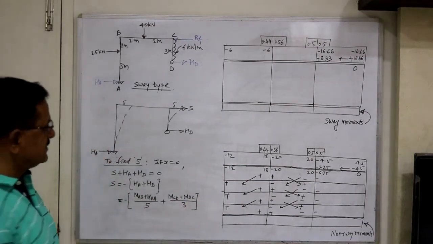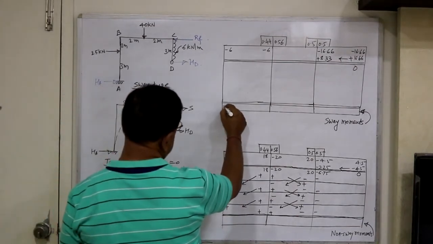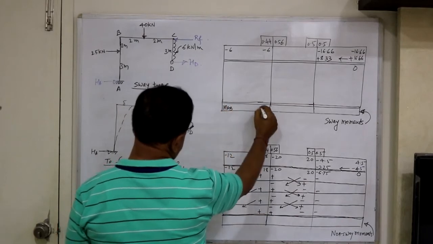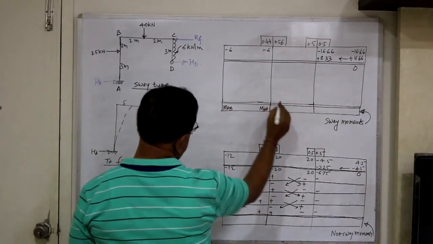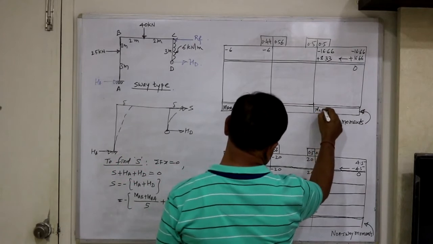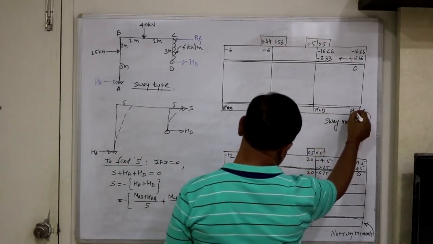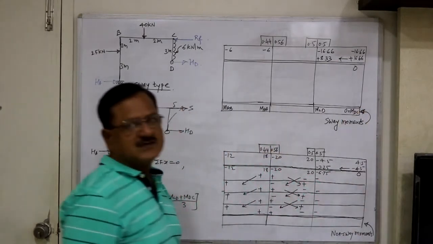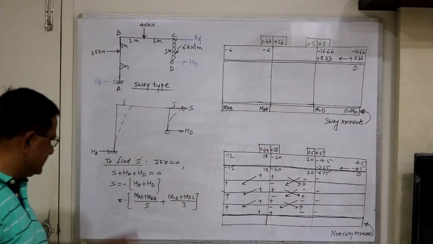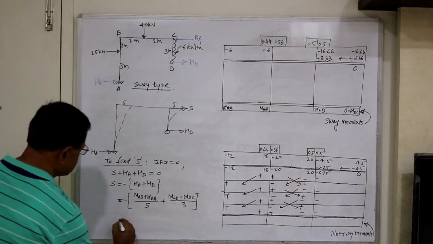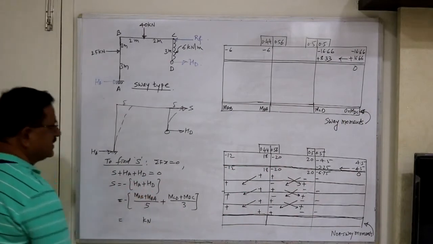So substitute the moments, MAB, MBA, MCD, MDC. This value will be 0 no doubt. Substitute these values here and find the force S in kilonewton.